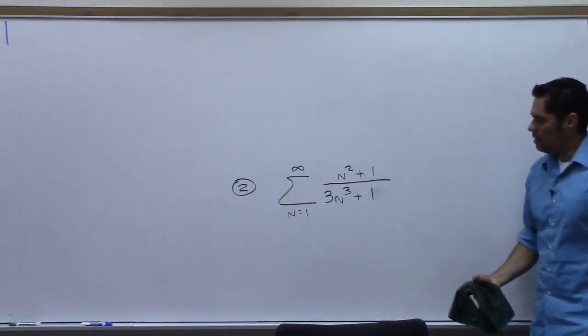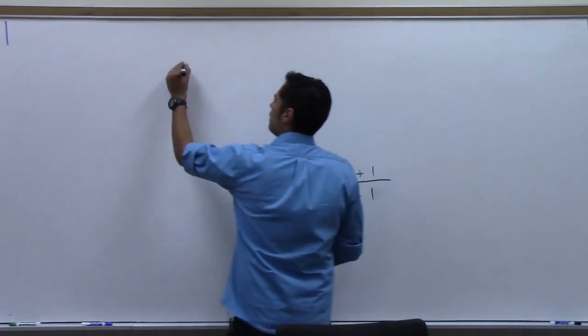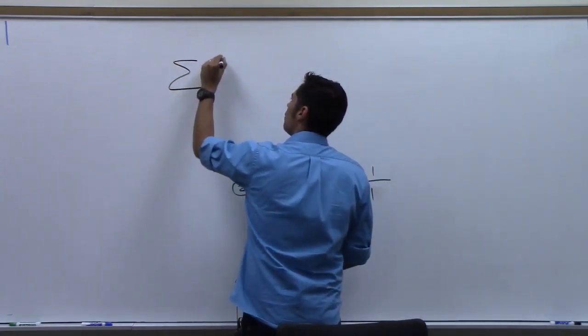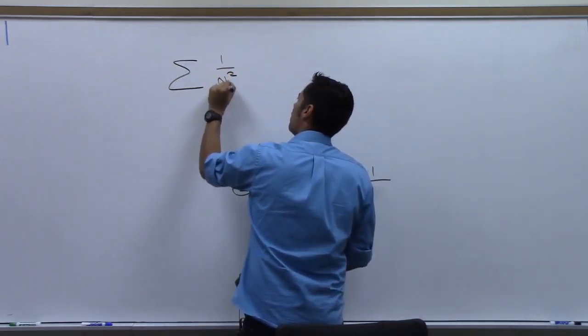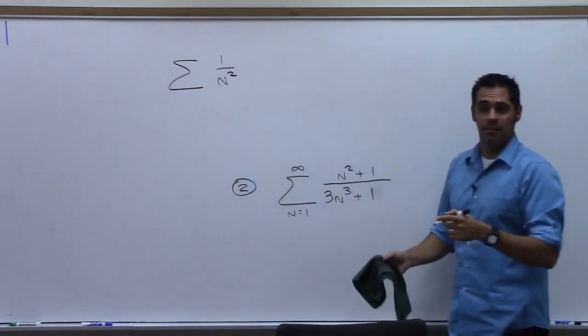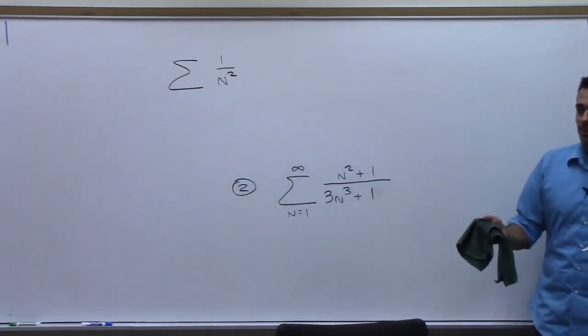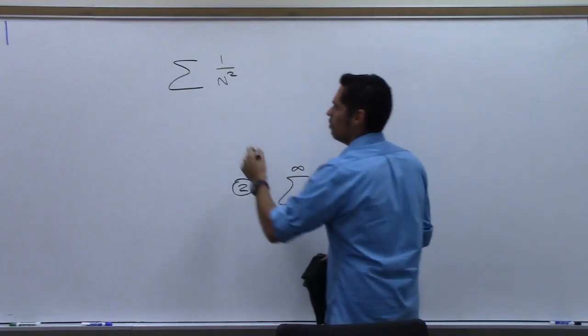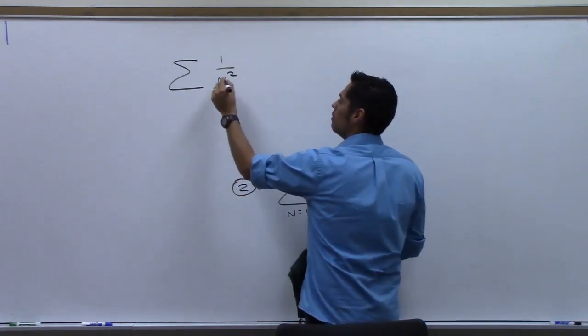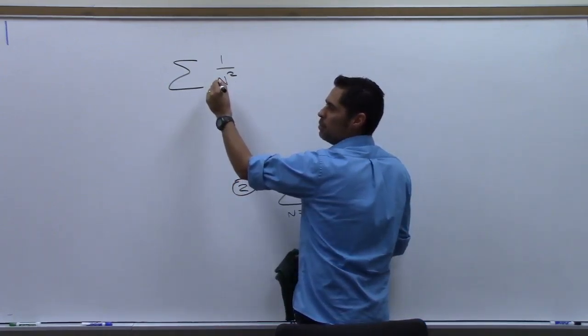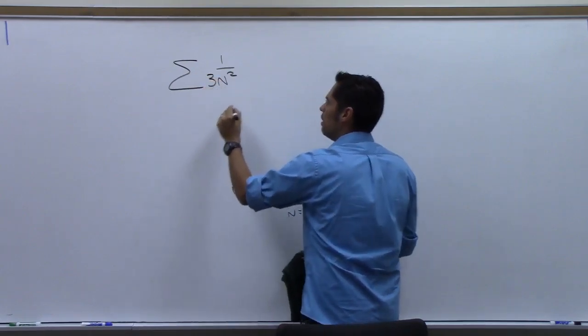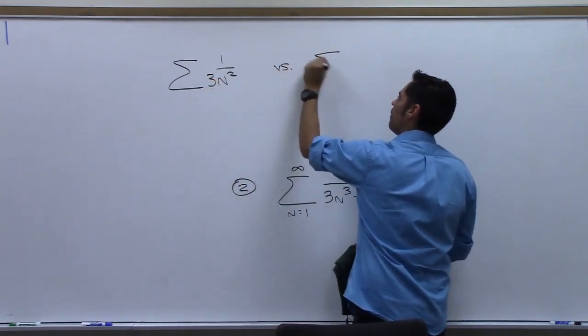So let's take a vote. How many of you compared this to 1 over n squared? Anyone do that? Yeah? What did you use? Would you, constant. You put 3, right? You put 3.